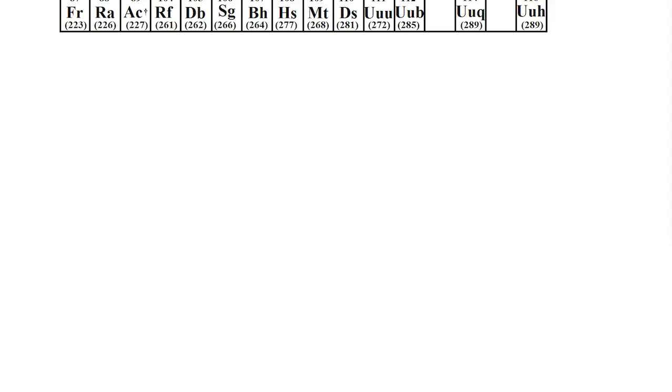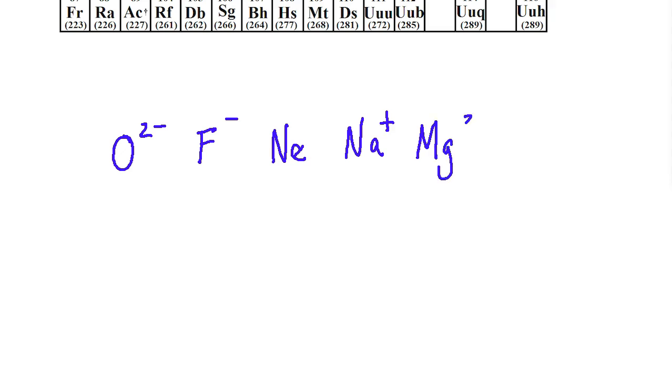Let's say that I have O2-, and I have F-, and I have neon, and I have sodium, and I have magnesium 2+. If I look at all of these, they all have the same number of electrons. They would all have a total of 10 electrons associated with them.